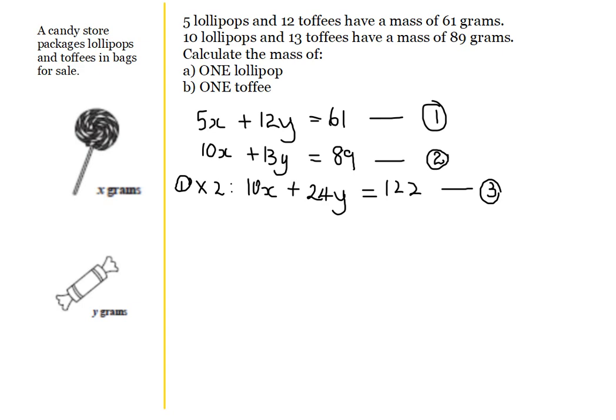So let's keep life nice and simple, and simply because I know I'm eliminating a variable x in particular, and I'm going to be doing subtraction, I would prefer to put the equation where the other terms in the equation happen to be larger, which is the case of equation 3, right? Put that one as the one first in my subtraction, so that way I don't necessarily have so many negatives to deal with, right? But you'd still get the same answer, it's just that you'd have to deal with negatives.